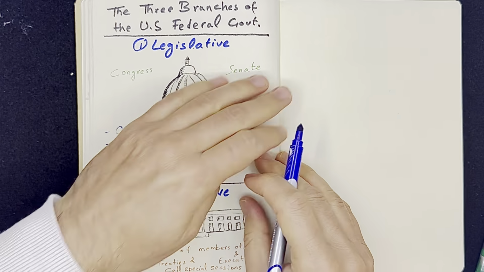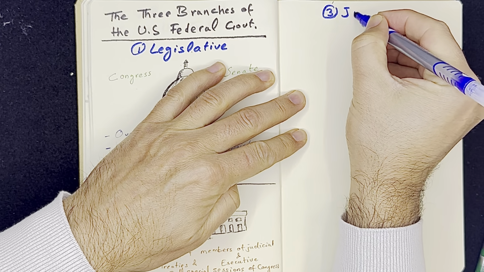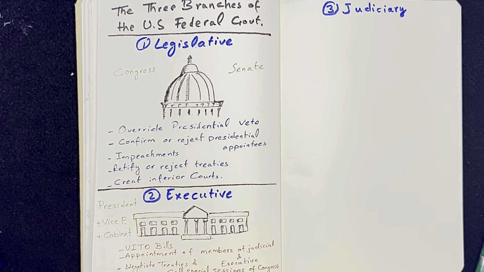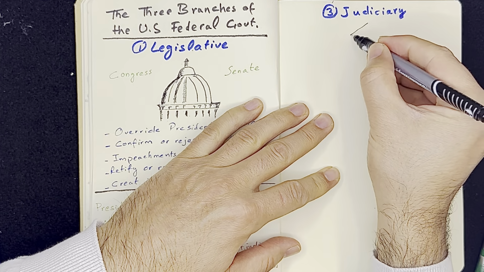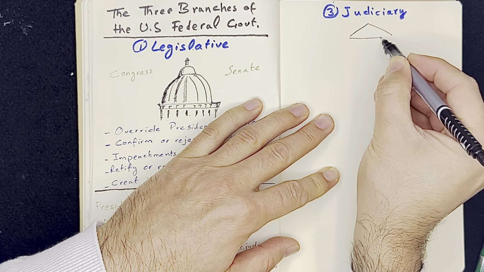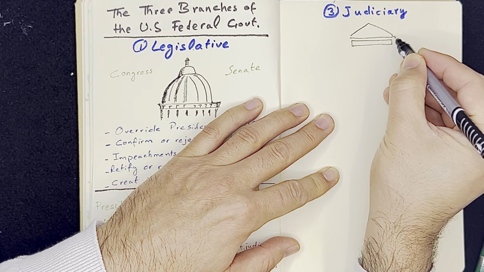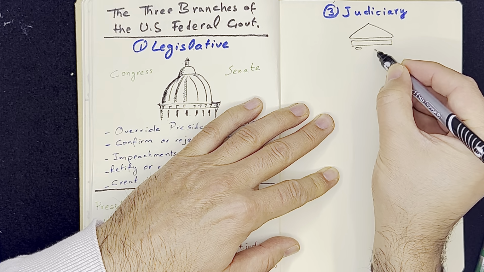let's talk about the third branch, which is the judicial branch, or the guardians of justice. It's called the guardians of justice. So the final word belongs to the court, as it is said.